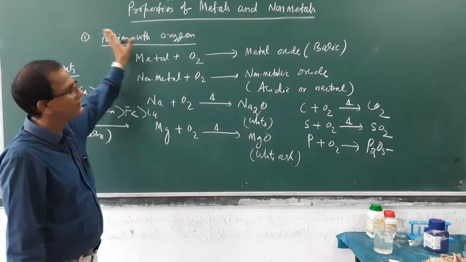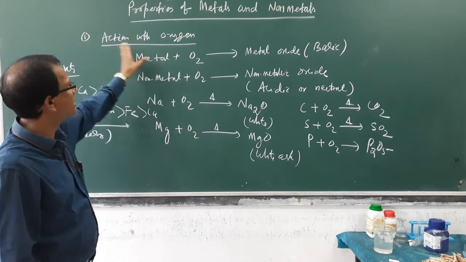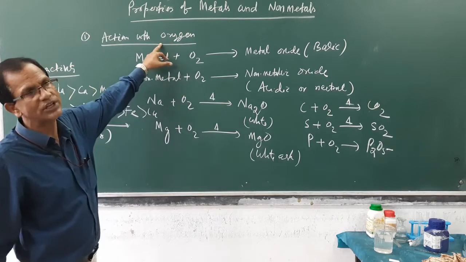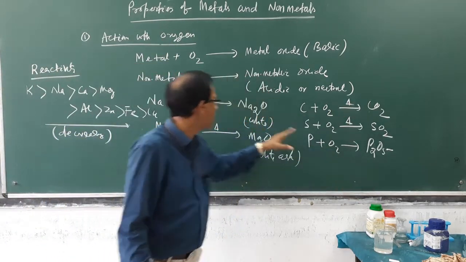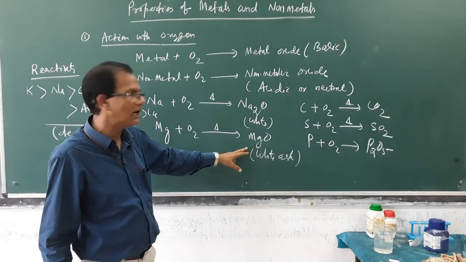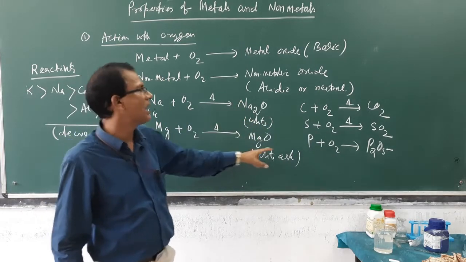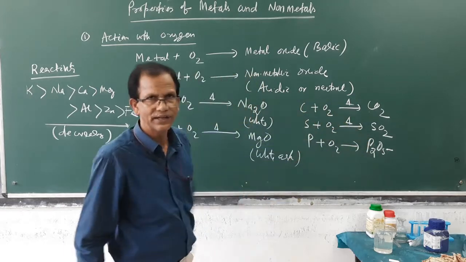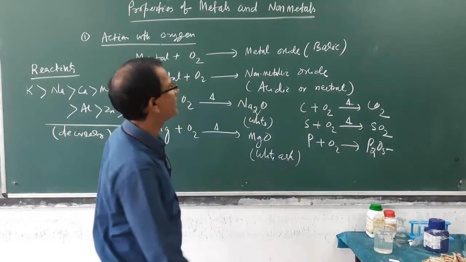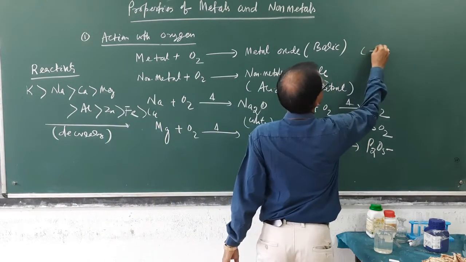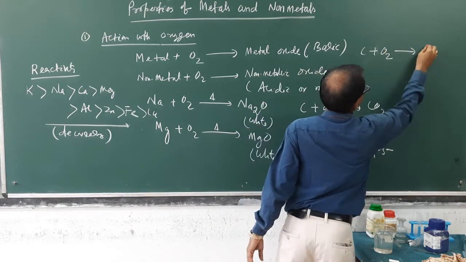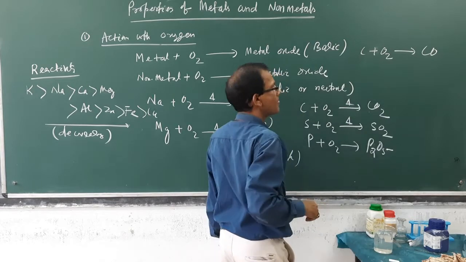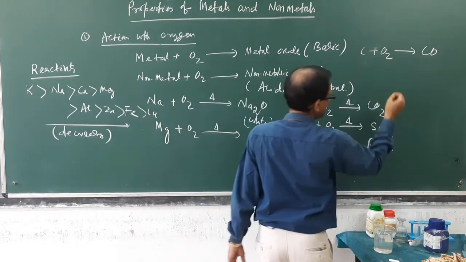So these are the actions of metals and non-metals with oxygen, forming metal oxides and non-metallic oxides. All metallic oxides are basic and non-metallic oxides are acidic or neutral. For example, when carbon burns in incomplete combustion forming carbon monoxide, that is neutral.